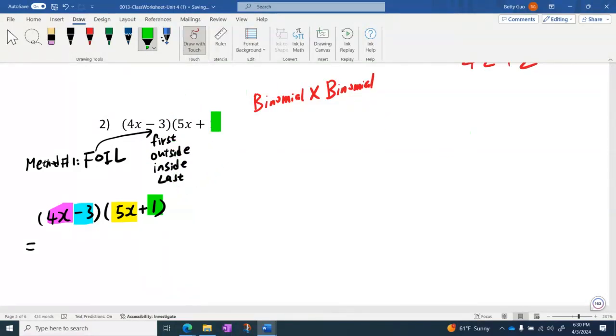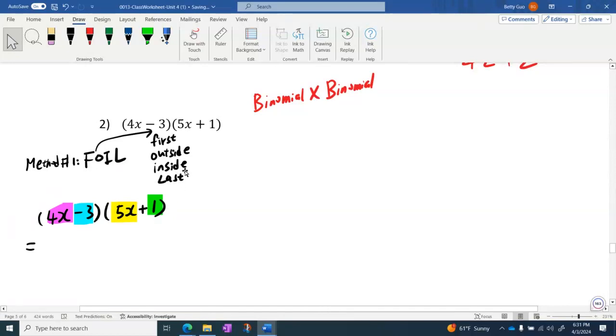First represents the pink and the yellow. Why? Because the pink is the first term in the first parentheses, and the yellow is the first term in the second parentheses. Outside refers to the 2 terms on the outside, 4x and 1, the pink and the green.